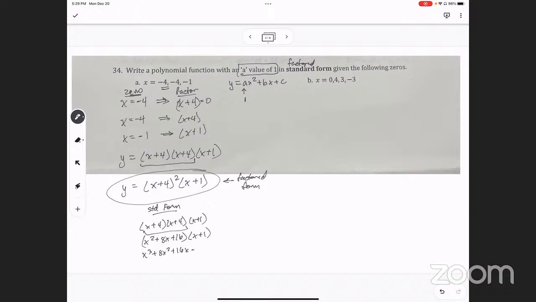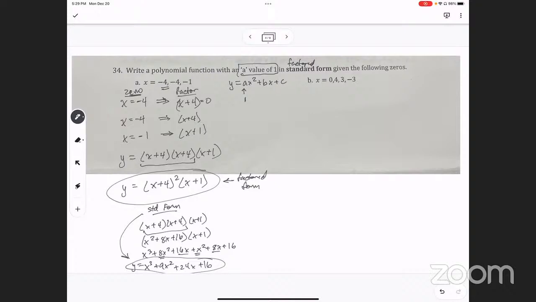Then multiply the 1 in: plus x squared plus 8x plus 16. See how I did that? I know I did it fast. Then you simplify: x cubed plus 9x squared plus 24x plus 16. So this is standard form, and this one up there is factored form. So there's both of them.